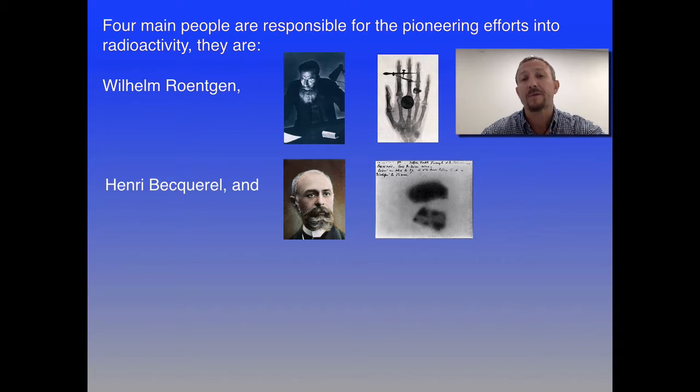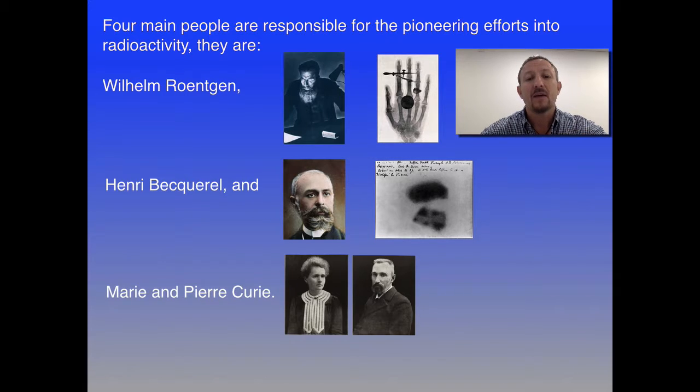This paved the way for a female scientist who moved from Poland to Paris, where Becquerel was doing his study, and her name was Marie Curie. While she was in Paris, she met Pierre Curie, and between the two of them, they isolated the radioactive substance radium.